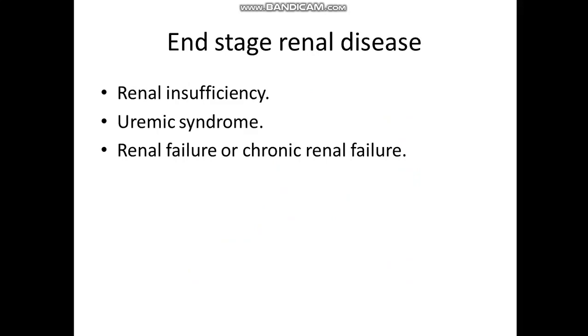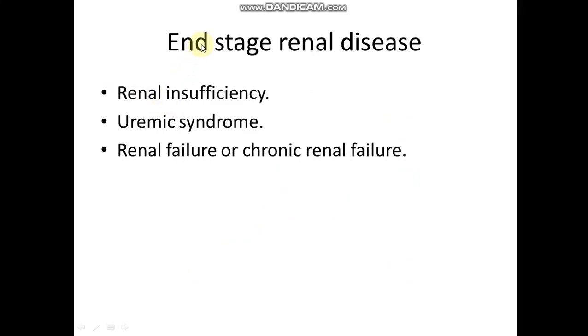So there might be some disturbances in the function of the kidney, but usually the patient looks normal, and some laboratory investigations might show abnormalities. This condition is called renal insufficiency, and this is the first stage of end-stage renal disease.